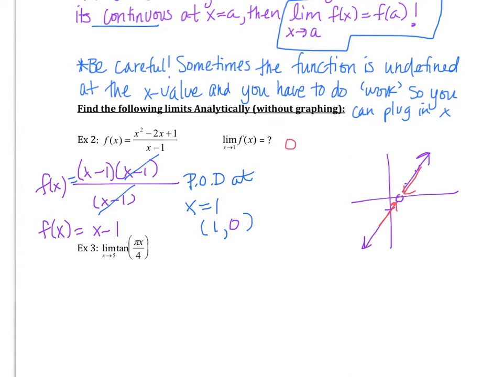And my limit is equal to 0. So because the limit as x approaches 1 from the left for f of x is equal to the limit as x approaches 1 from the right of f of x, then that means that the limit exists, and the limit as x approaches 1 for f of x will equal 0.